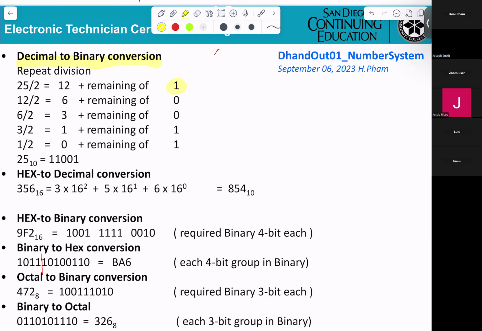And you take 12, divide by 2. You get 6. Remaining 0. And you take 6, divide by 2, you get 3, remaining 0. You take 3, divide by 2, you get 1. Remainder is 1. 1 divide by 2, you get 0.